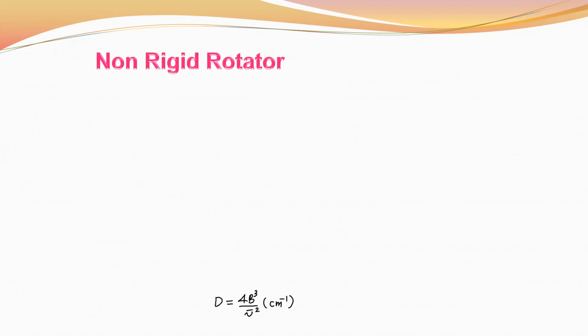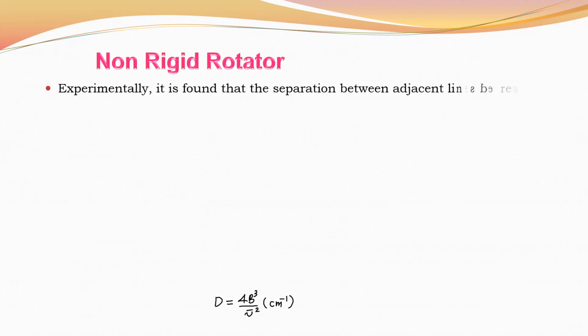Now, the rotational spectrum of a non-rigid rotator. Experimentally, it is found that the separation between the adjacent lines in a rotational spectrum decreases steadily with increasing J. Then what is the reason?